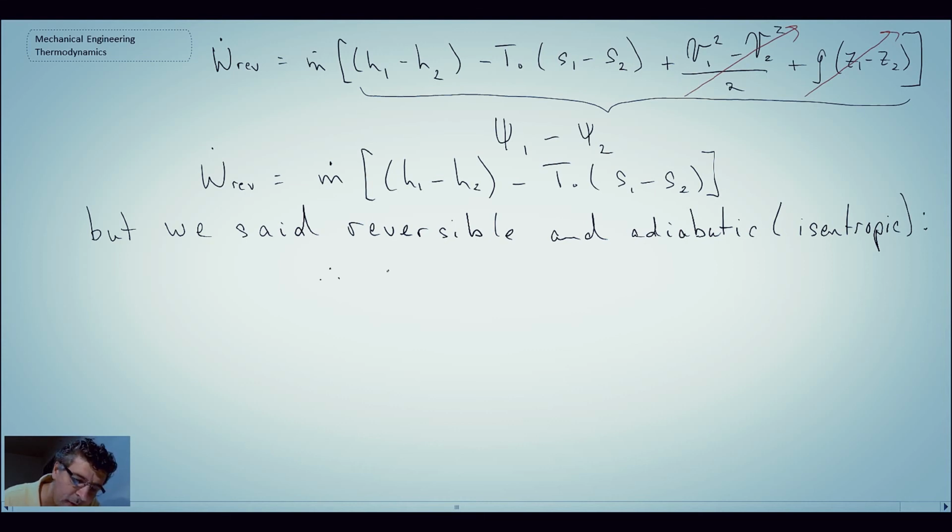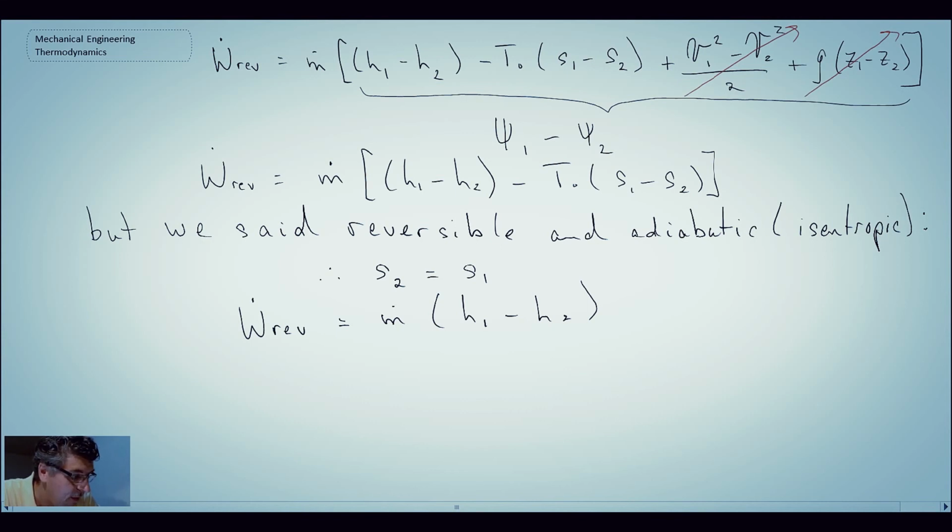And therefore, S2 is equal to S1, which further reduces the equation to reversible work is m dot times H1 minus H2. So that becomes an expression for an isentropic process.